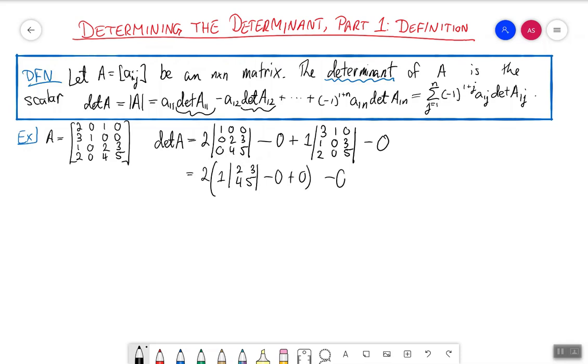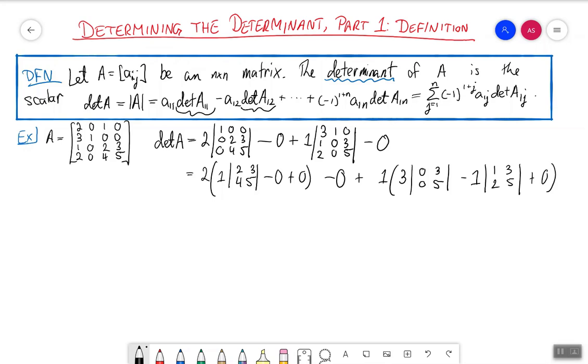We still have this minus 0, then plus 1 times the quantity 3 times the determinant of 0, 3, 0, 5, minus 1 times the determinant of 1, 3, 2, 5, plus 0.